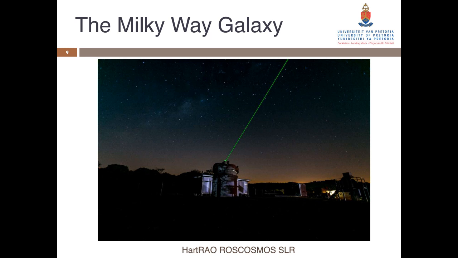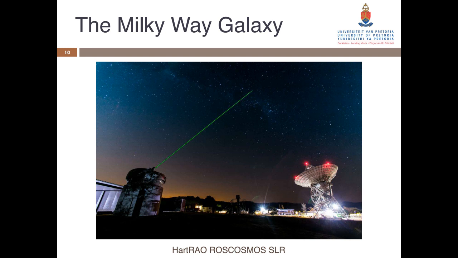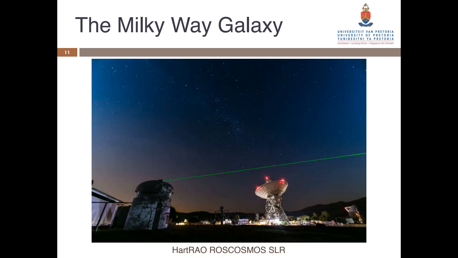We know the speed of the laser, and we can calculate the orbit of the moon. Here is another image of the laser firing over our big 26-meter radio telescope. And here is another image from another angle. Isn't this very cool?